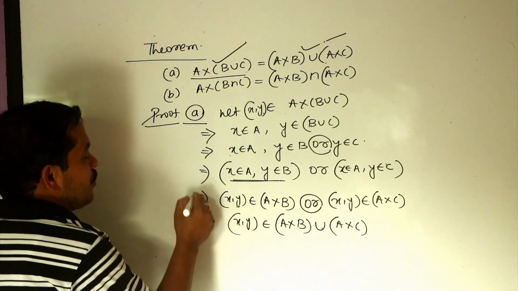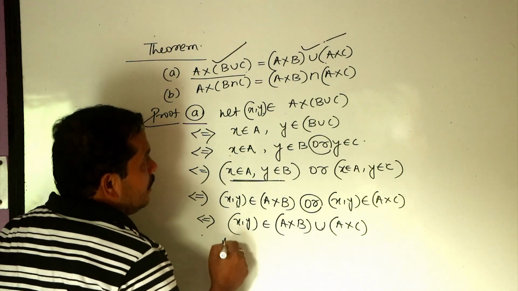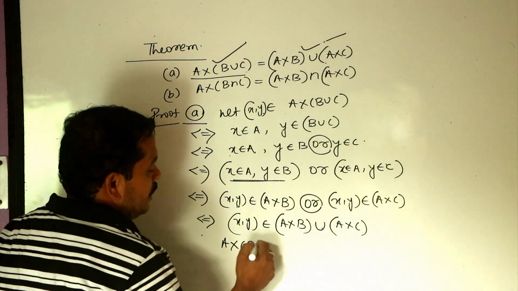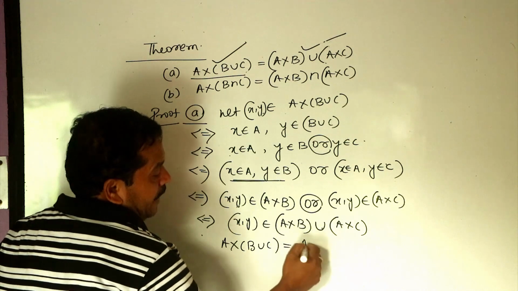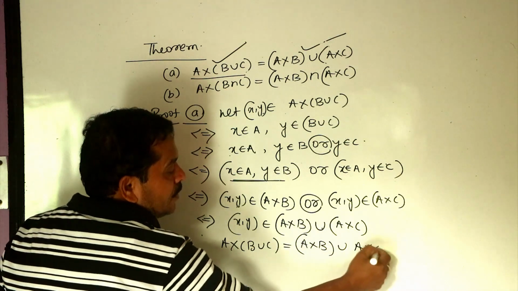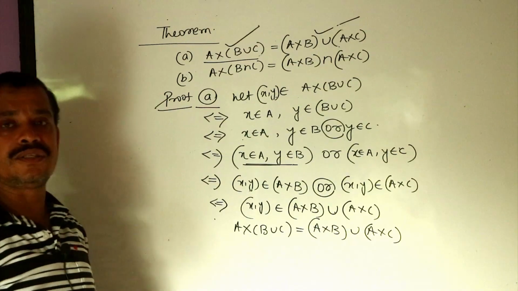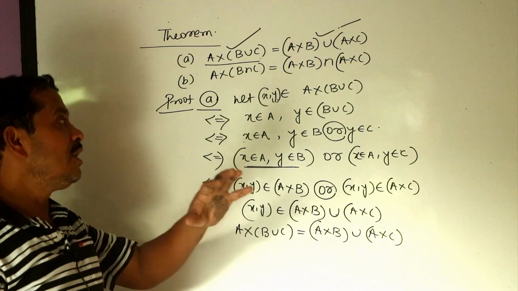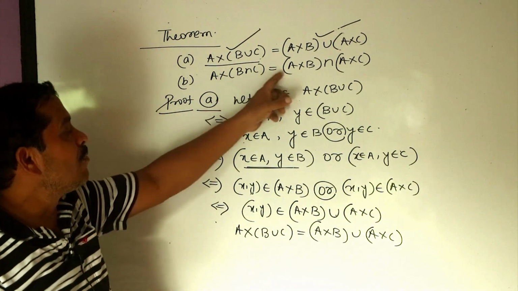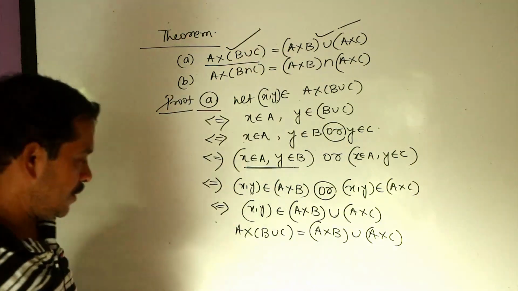So you can put double implication here and write A cross (B union C) equals (A cross B) union (A cross C). So we conclude that the cross product is distributive over union. Similarly, you can prove cross product is distributive over intersection.